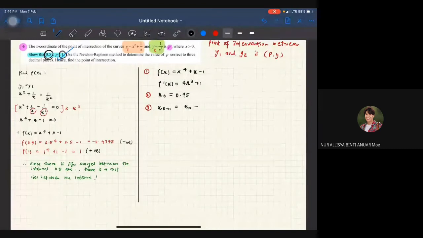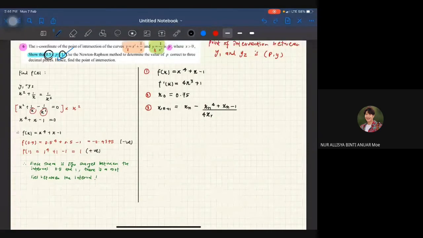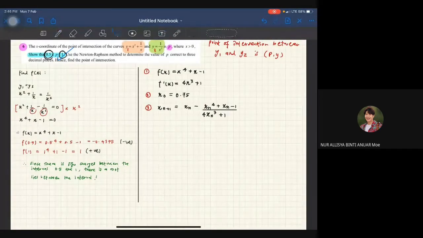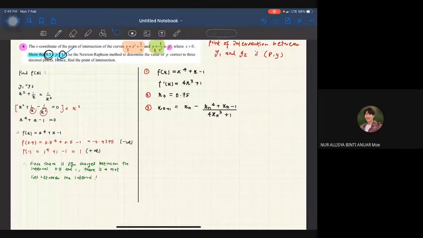So fx awak is xn power of 4 plus xn minus 1. Okay, and then dekat bawah adalah your first derivative f prime. Okay, so jangan tertukar. So 4x n cube plus 1. Okay, saya susun sikit. Okay, so ini adalah awak punya general equation.